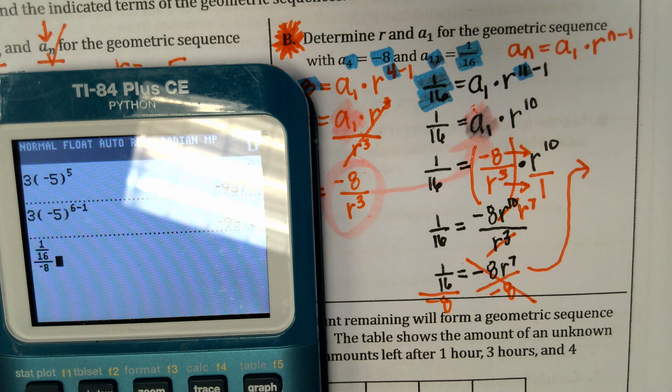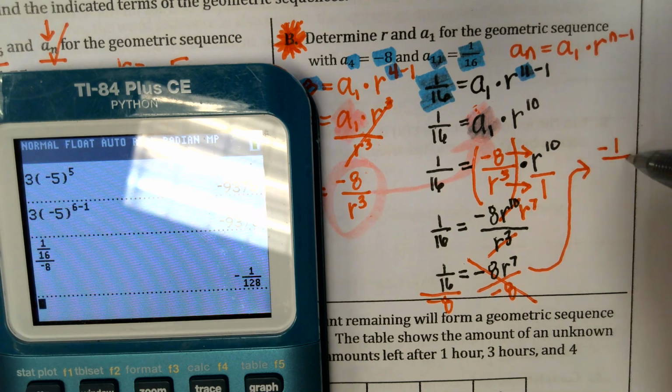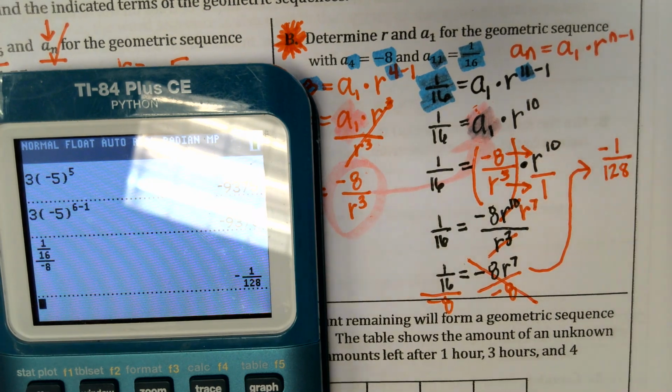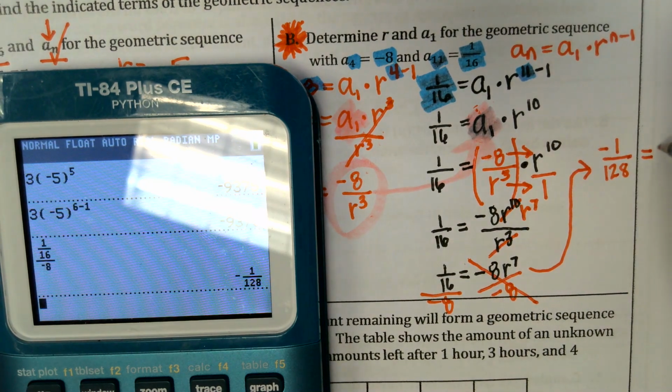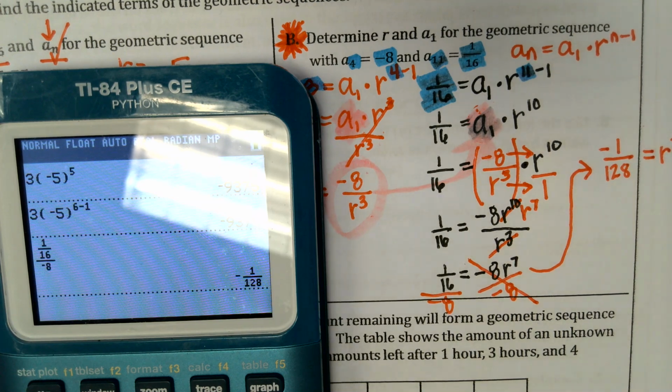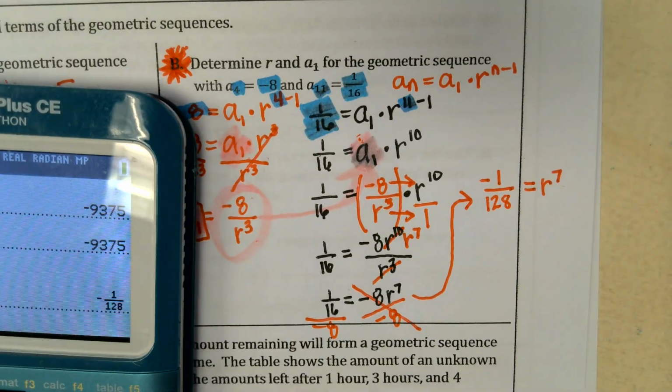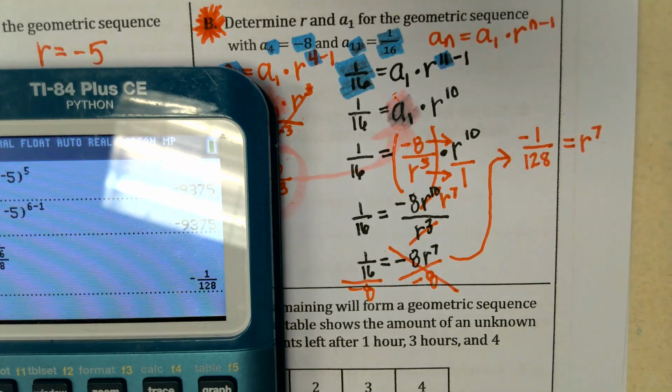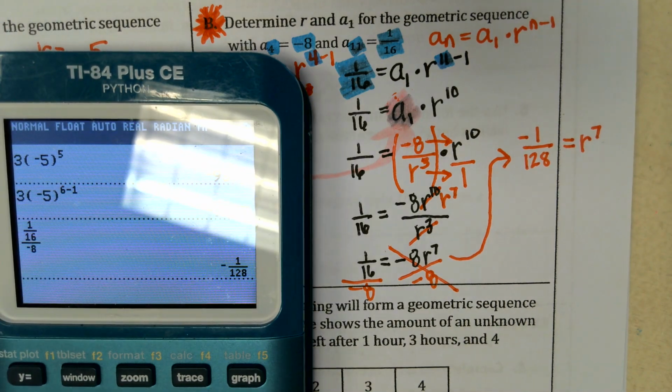What'd you get? Negative what? She got negative 1 over 128 equals r to the 7th power. All right, now if this were r squared, how would I get rid of the square?